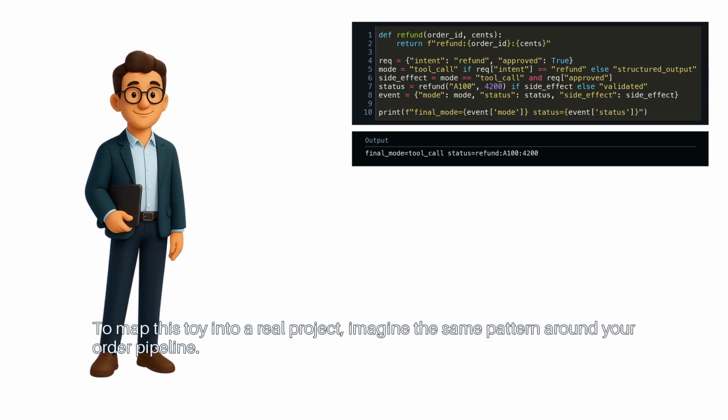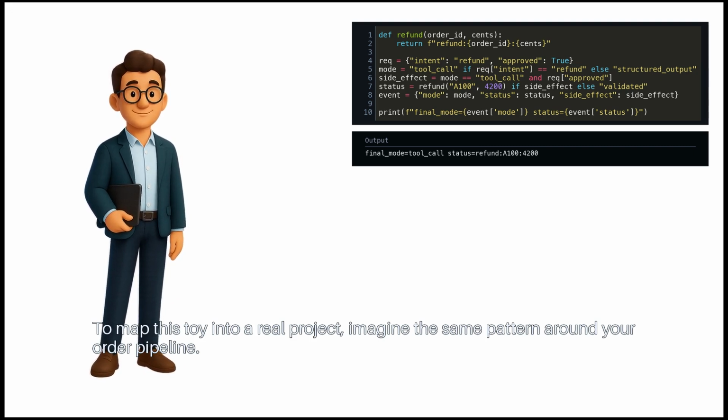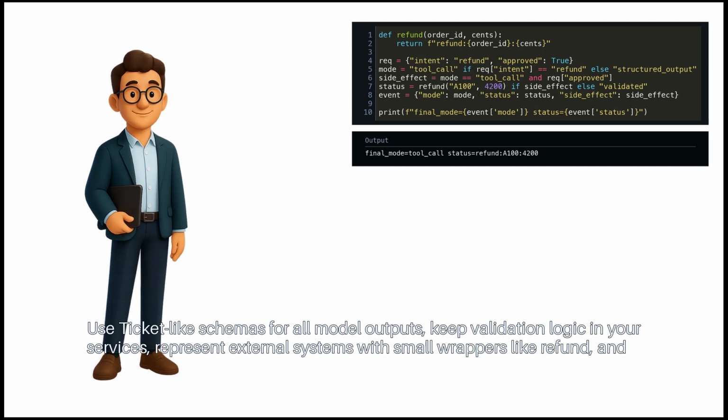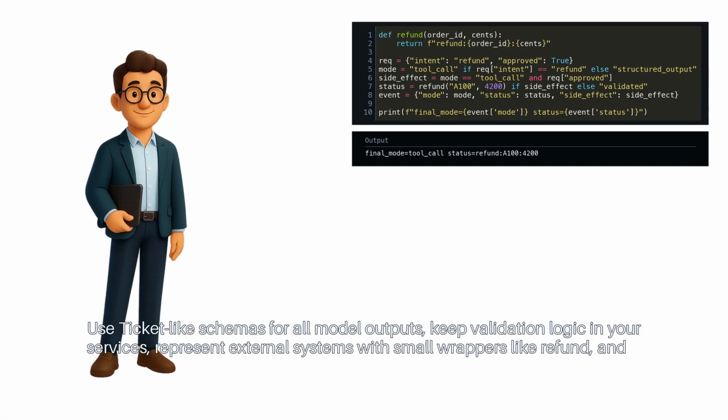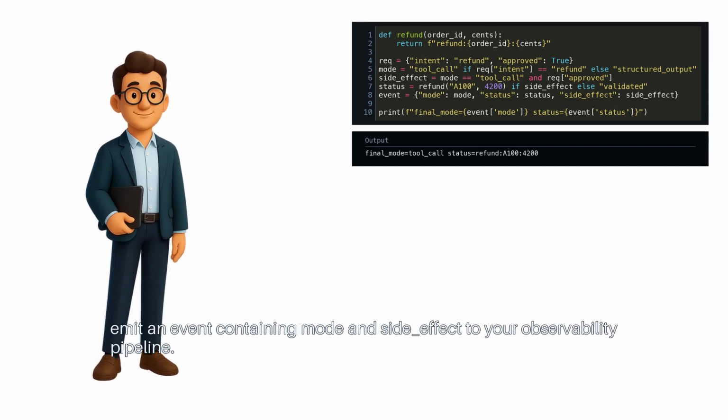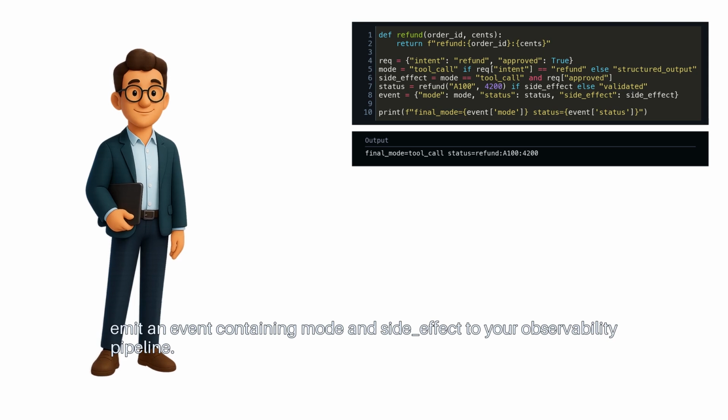To map this toy into a real project, imagine the same pattern around your order pipeline. Use ticket-like schemas for all model outputs. Keep validation logic in your services. Represent external systems with small wrappers like refund, and emit an event containing mode and side effect to your observability pipeline.